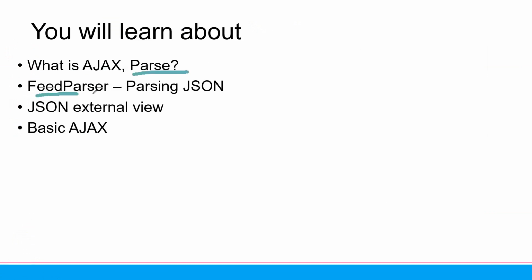We are going to use a JSON parser, and see how we can use JSON as the external view, and some basic Ajax before we go to the detail of Ajax.